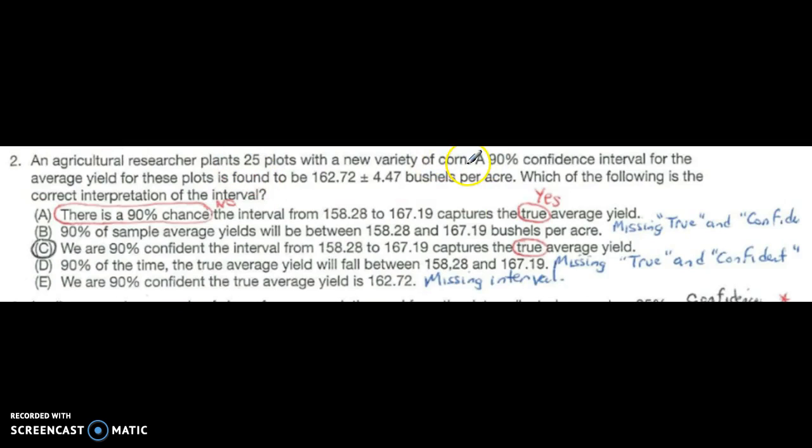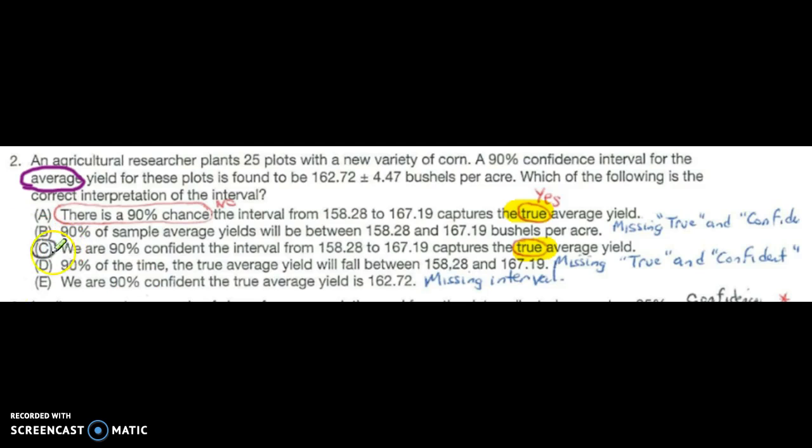Question number 2 is asking me to interpret the confidence interval for a mean. I'm going to do it the same way as I did number 1, which was a proportion. So they want to know which of the following is the correct interpretation. So first thing I need to do is look for the word true.